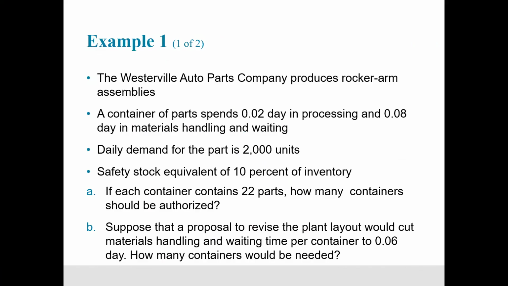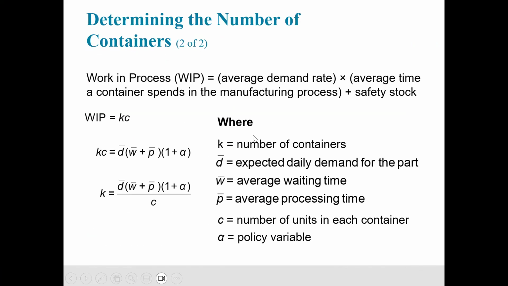Now let's go back to the question. Part A says, if each container contains 22 parts, how many containers should be authorized? Our container value here is the letter K, so we're solving for K. I could use the formulation down here where we solve for K, but if I already have my work in process amount and I know how many parts are in each container, then I can get K by dividing work in process by the number of parts in each container.